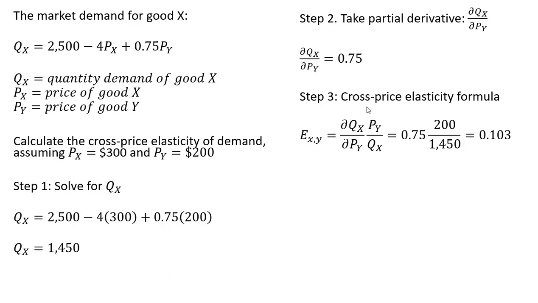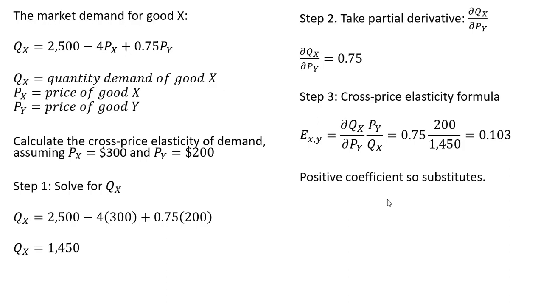So putting these three pieces of information together, we're going to get 0.75 multiplied by 200 divided by 1,450, and we get a cross-price elasticity of positive 0.103.